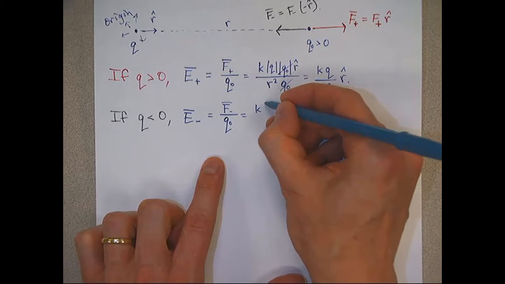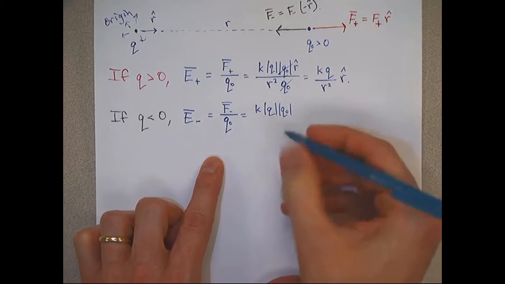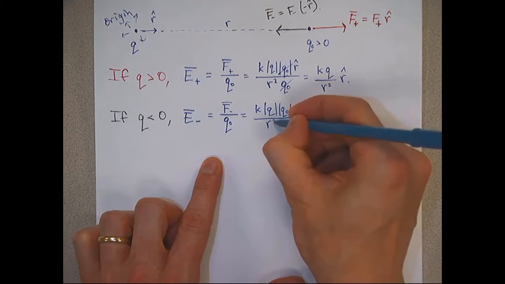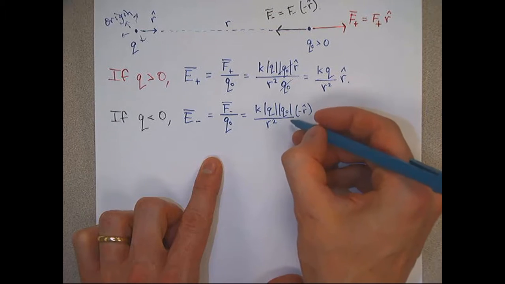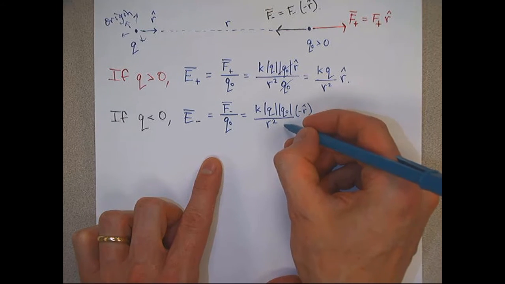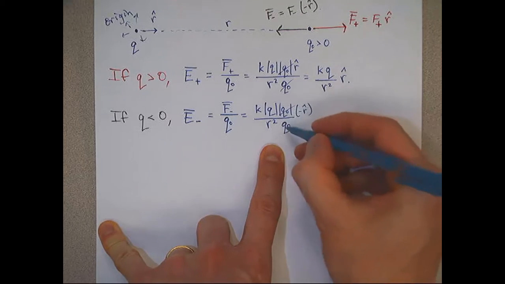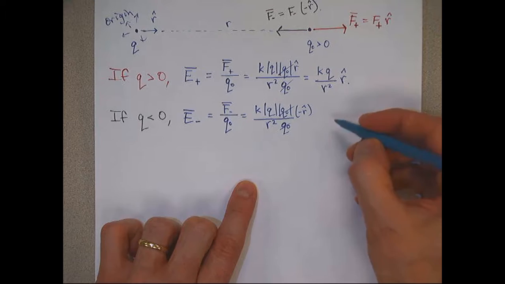It's K magnitude Q times Q0 over r squared. This points in the minus r hat direction, and we need to divide by Q0. So again, absolute value Q0 cancels out Q0.